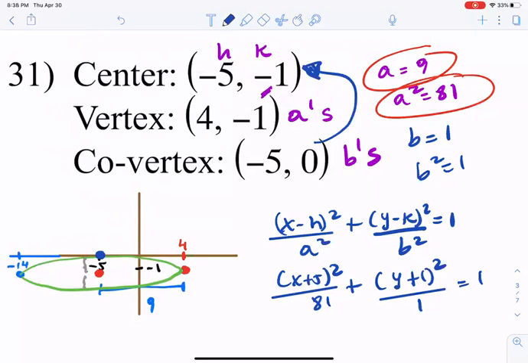You're done. So just to verify my answer, let me check my solution and see if I have the same equation as they have. Number 31. Indeed, it's the same. Okay.